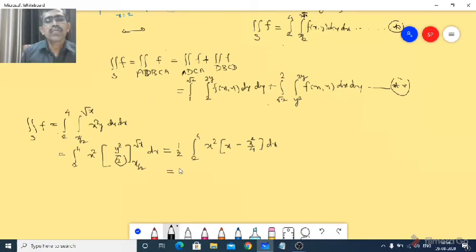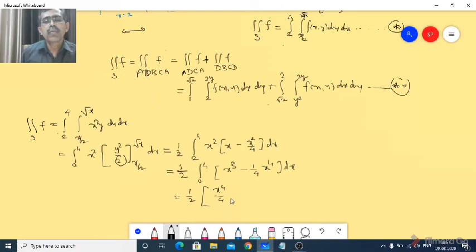So this gives half integral 2 to 4 of x cube minus 1 by 4 x raised to 4, dx.